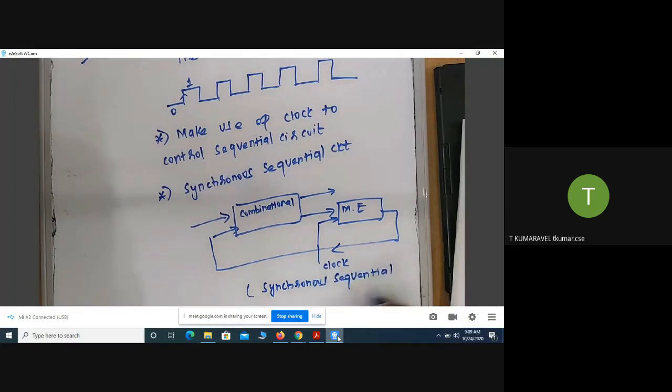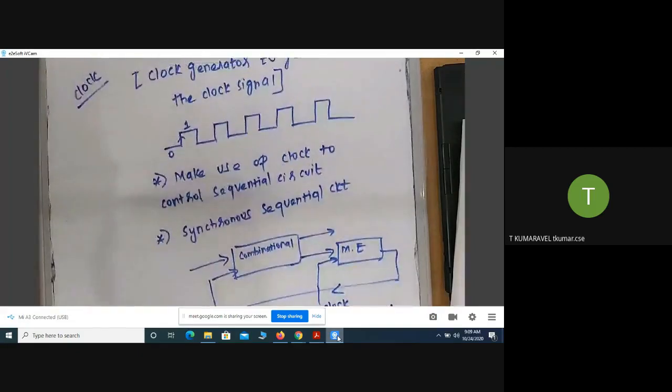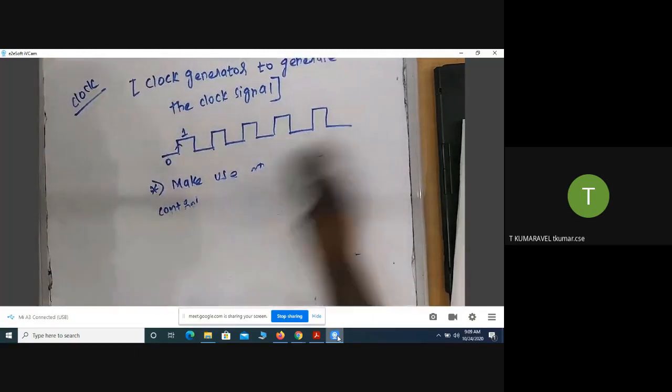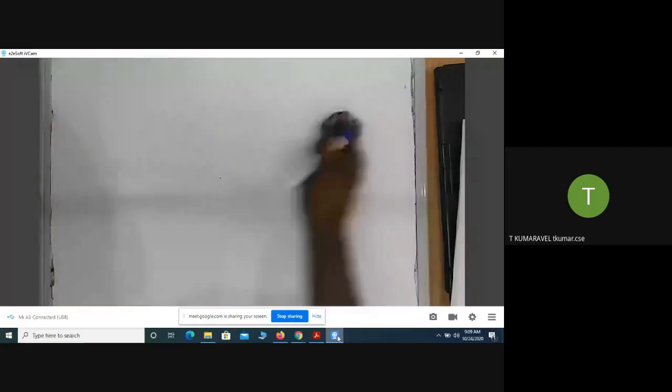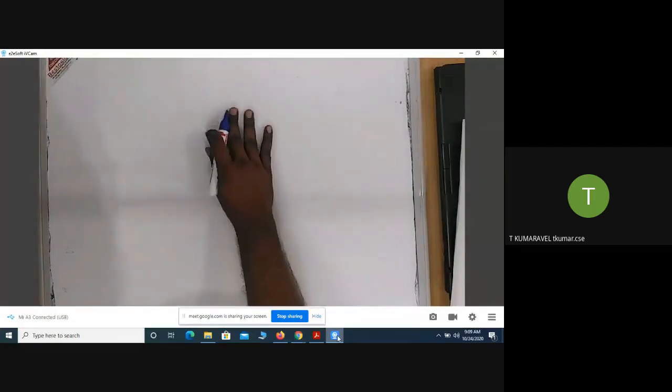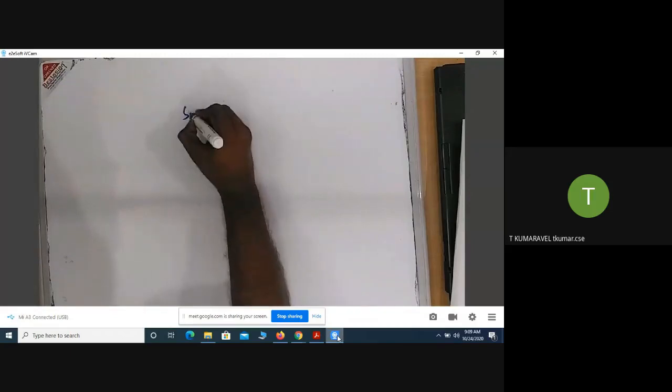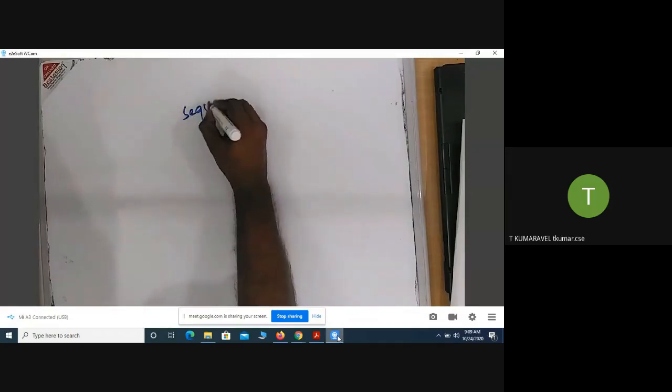Synchronous sequential circuit. Okay, the next category is the synchronous sequential circuit. Based on the clock signal, the sequential circuit is divided into two categories.